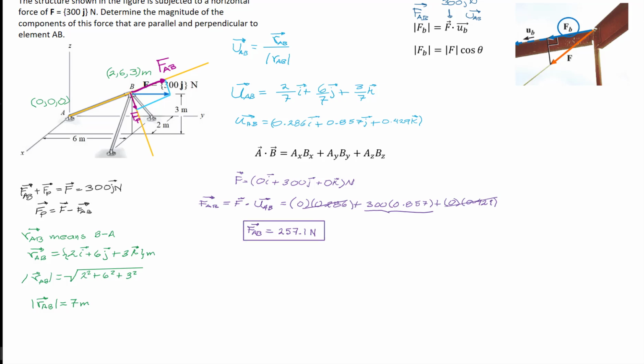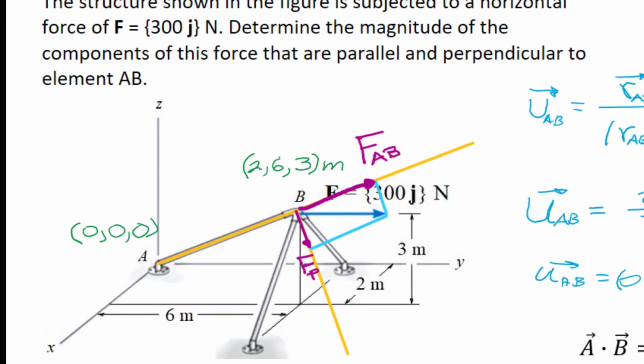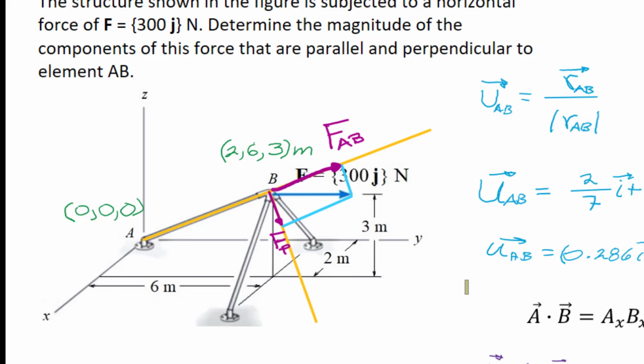This is just the first part of my results. It's important to clarify that actually this FAB is not a vector, it's a magnitude. That's why we have here just a single number. So if we have the magnitude and we need the force AB as a Cartesian vector, what is needed? My vector FAB is sharing the same line as the element AB, so they both share the same unit vector.